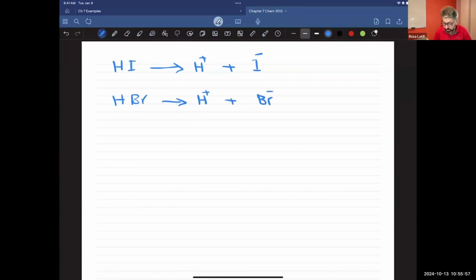These 2 species are very stable. Because they are stable, they will be happy. So a stable conjugate base means a good leaving group.